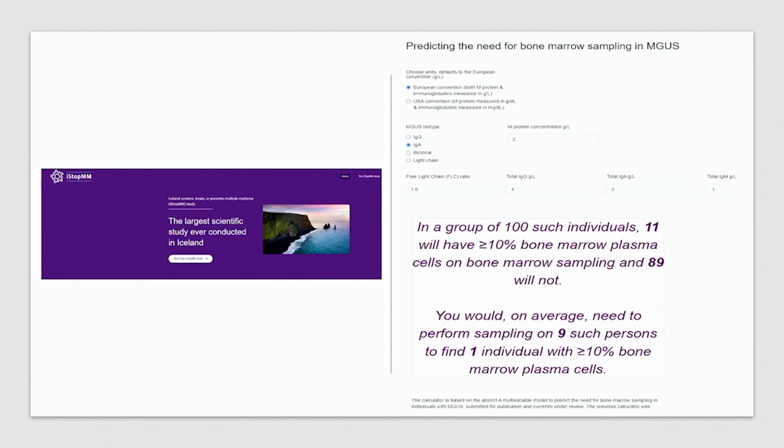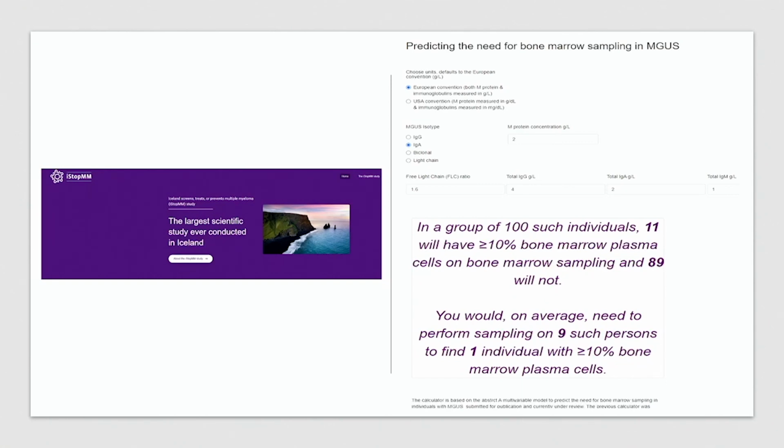Also, for predicting the need for bone marrow, this is something I found while reading on the topic of risk stratification for MGUS. In the same group of iStopMM based in Iceland, they came up with this experimental tool, it's still under review, but you plug in some numbers and it tells you the likelihood of finding more than 10% plasma cells in the marrow.